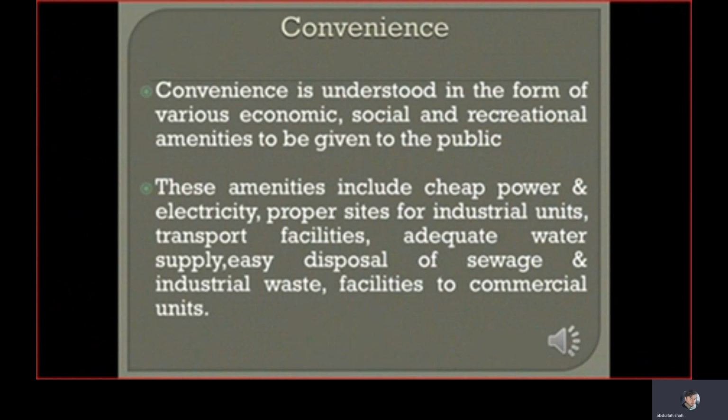Public amenities such as water supply, electricity, sanitation, transport facilities, proper sites for commercial and industrial zones should be provided. On the other hand, recreational amenities such as parks, open spaces, playgrounds, town halls, community centers, and theaters are the need of the town.